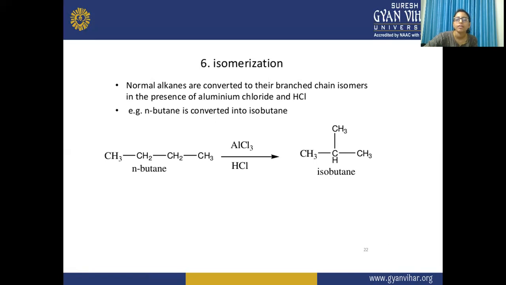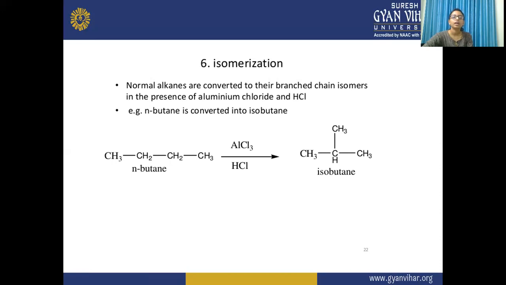So here they have different structures, and this reaction is occurring in normal alkanes, which are converting into the branched chain isomers in the presence of aluminum chloride. Aluminum chloride is acting as a catalyst here, and with the help of HCl, this is converting into isobutane.